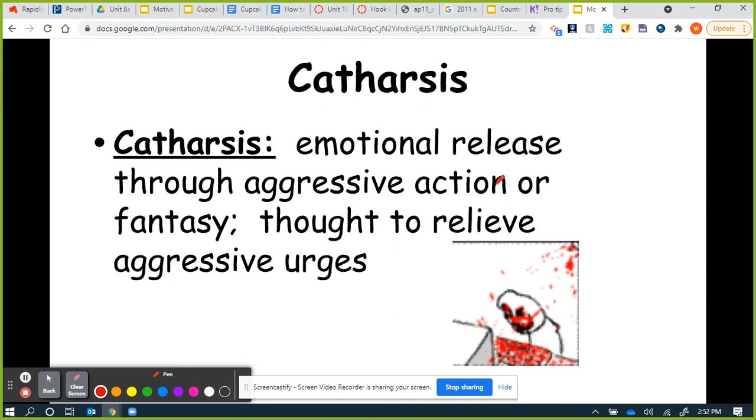What they have found is that being aggressive towards something can take away our feelings of aggression for a little while, but actually it makes us more aggressive in the long run because it's negatively reinforced. We learned that by being aggressive, we feel better for a short period, so it tends to make people more aggressive because they feel good for a little while. That is called the catharsis hypothesis.